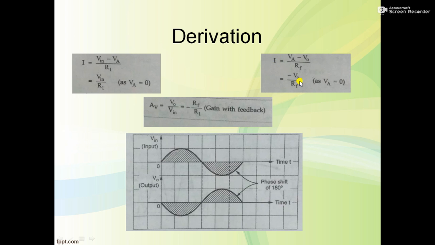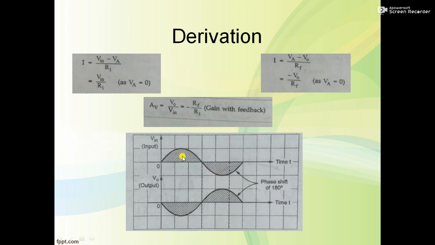After equating both current equations, finally we get the voltage gain equation: V0 by Vin is equal to minus RF by R1. This is the gain of the feedback system. And here the negative sign indicates what?